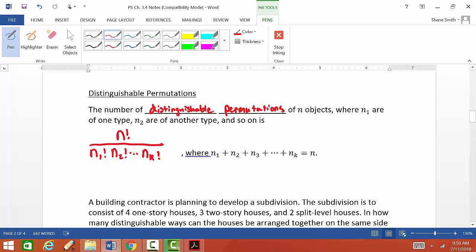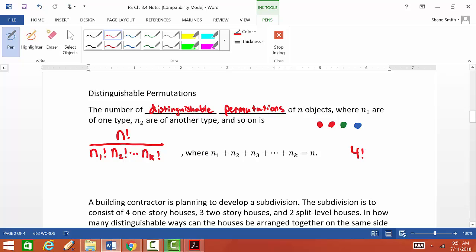So sometimes you have objects of the same type, and if you rearrange them, it doesn't matter how it looks. For example, if I want to find out how many ways I can rearrange, let's say I have 2 red balls, a green ball, and a blue ball. Well, that's 4 factorial, which would be 24.